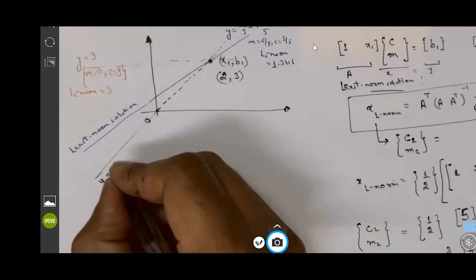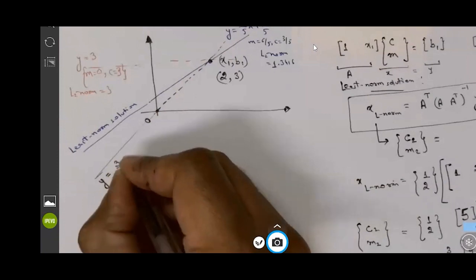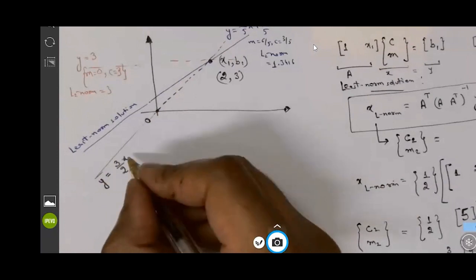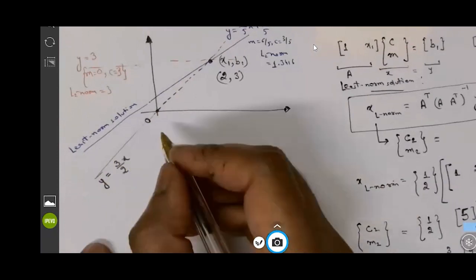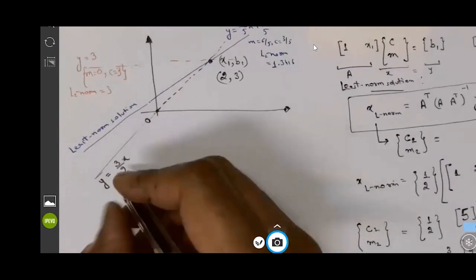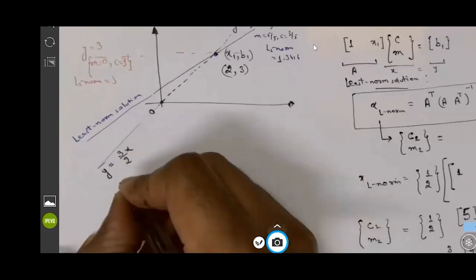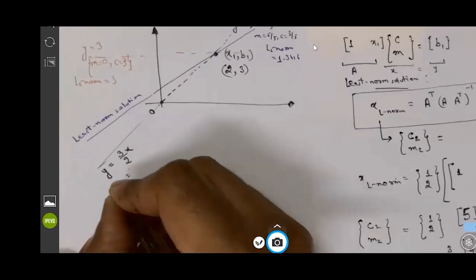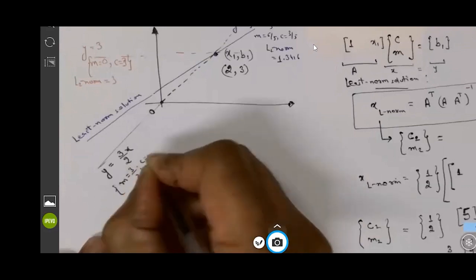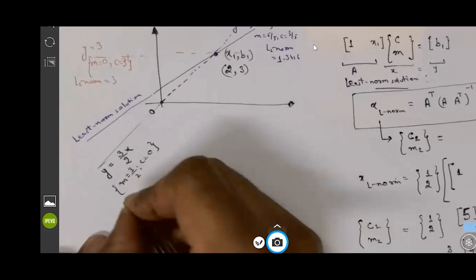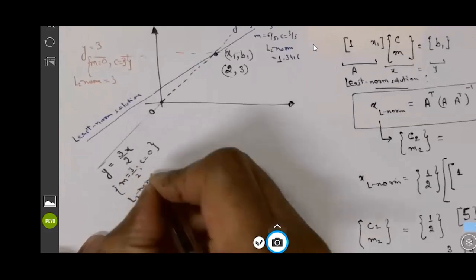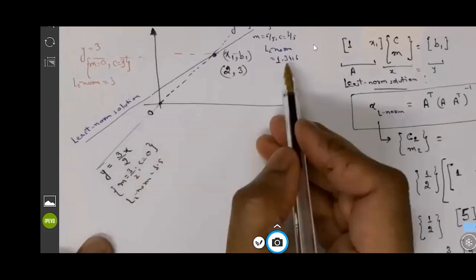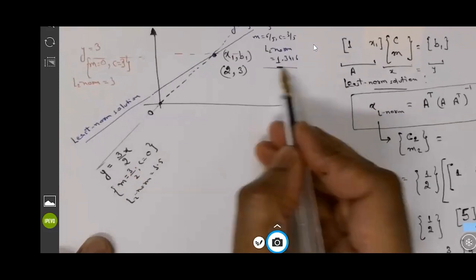Is everybody with me? Everybody is getting that? And if we have this, what is the value of m and what is c? M is 3 over 2 and c is 0. And what is the L2 norm of that? 1.5. And what is the one we are getting with our solution?